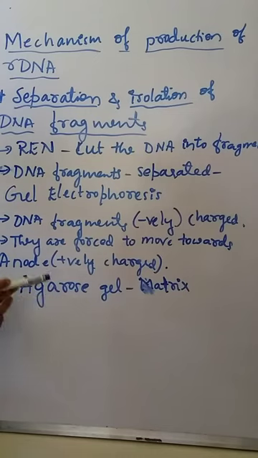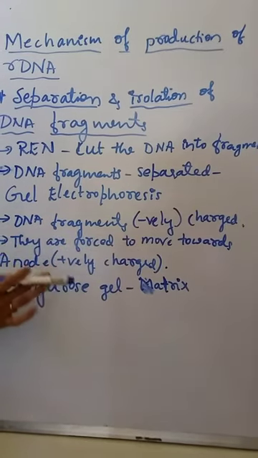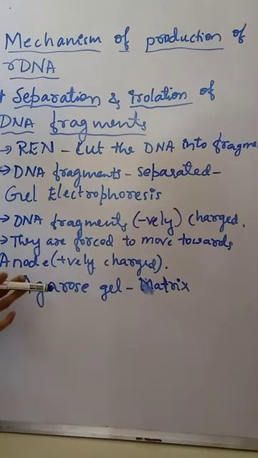Then the DNA fragments get separated. They move towards the anode according to their molecular size through the sieving effect of the agarose gel.